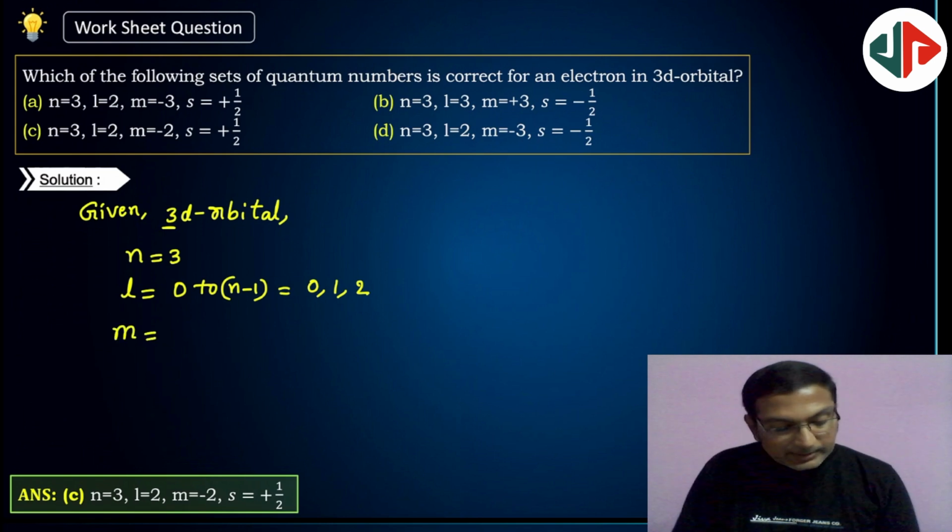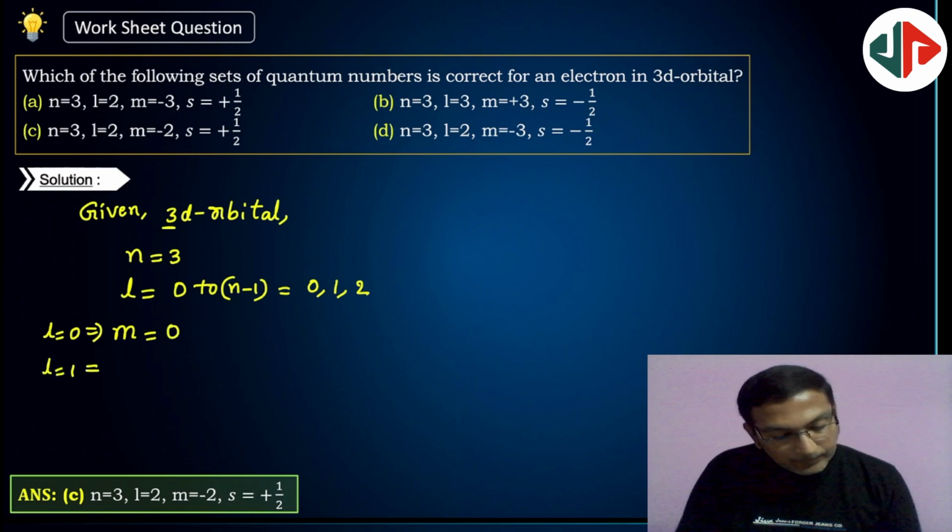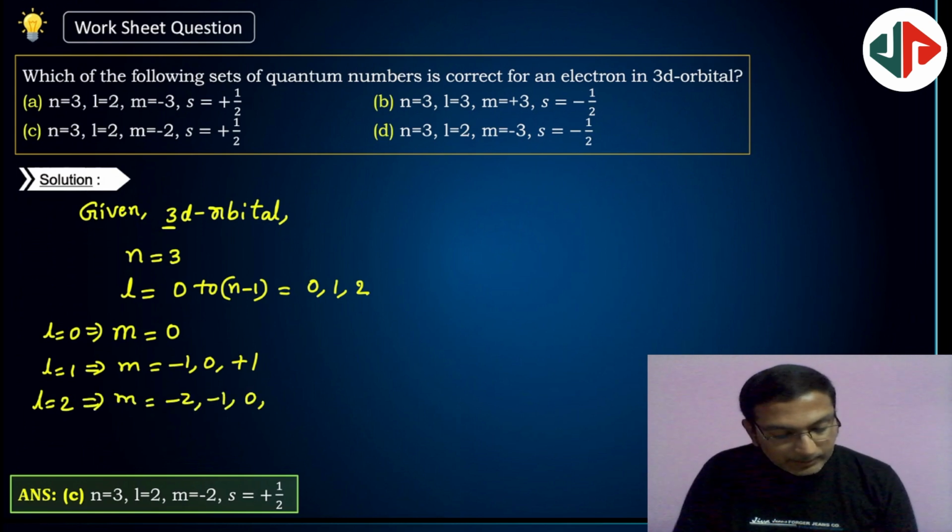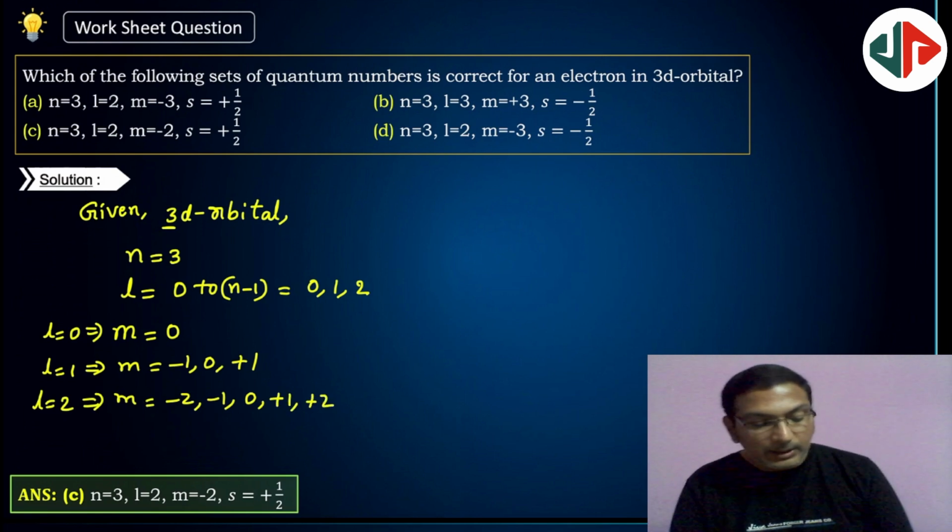Next, m values. If l equal to 0, m value 0. If l equal to 1, m can take values minus 1, 0, plus 1. If l equal to 2, m can take values minus 2, minus 1, 0, plus 1 and plus 2. So check these values in options.